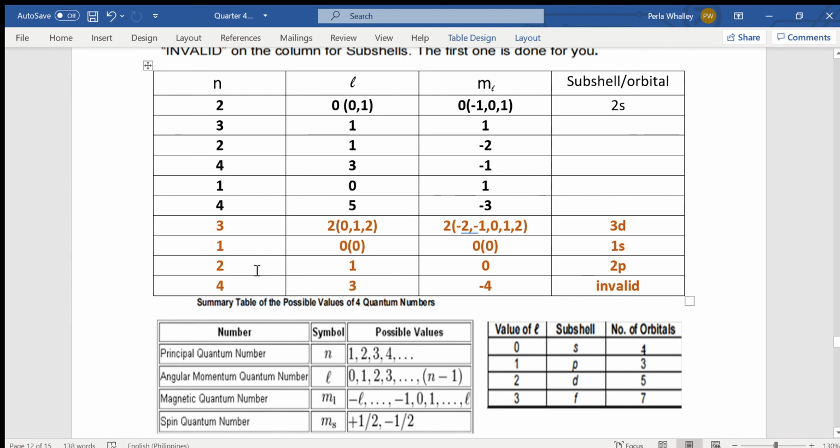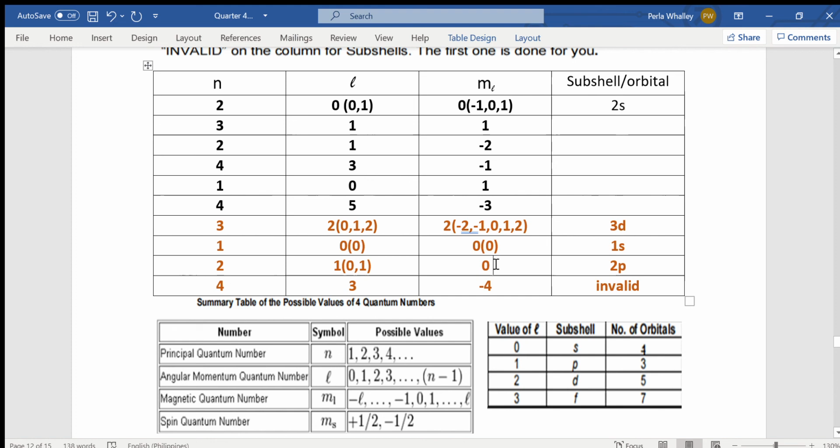The next example, n is 2, is 1 valid? Remember that we always start with 0, and then 2 minus 1 is 1. That is 0 to n minus 1. Okay, it is 0 to n minus 1. So is 1 valid? Yes, it is valid. How about M sub L?